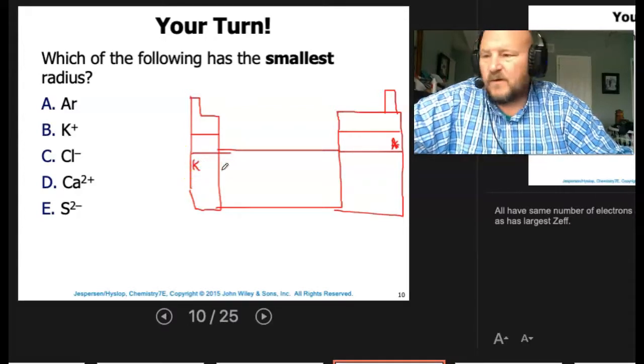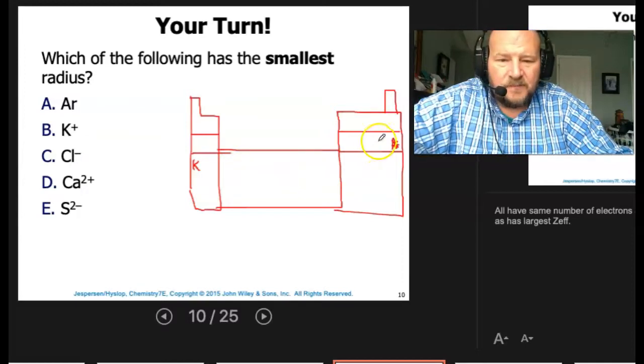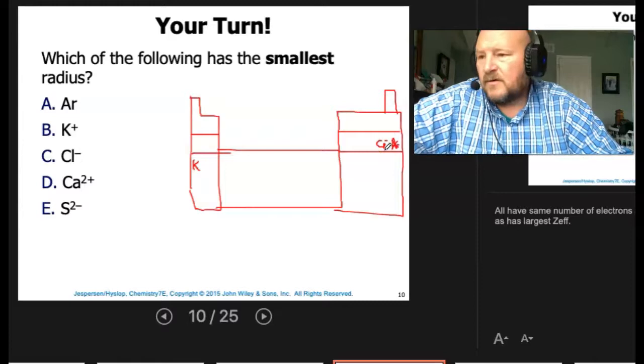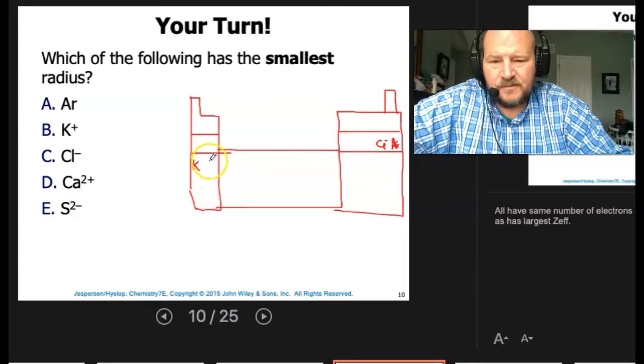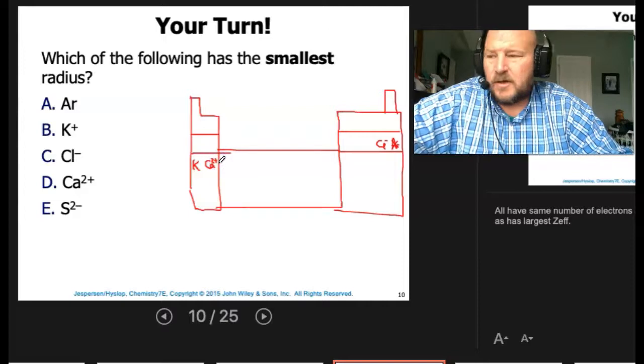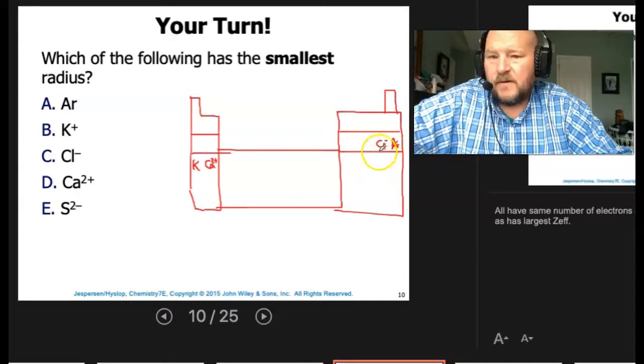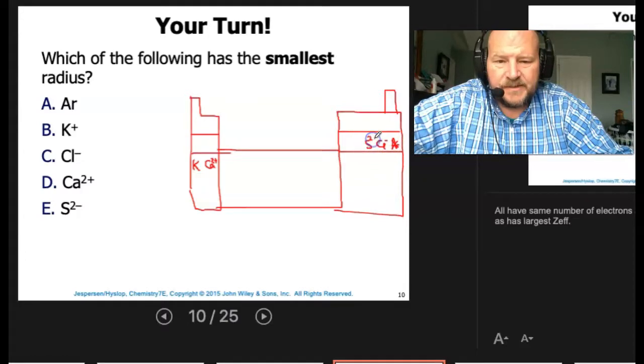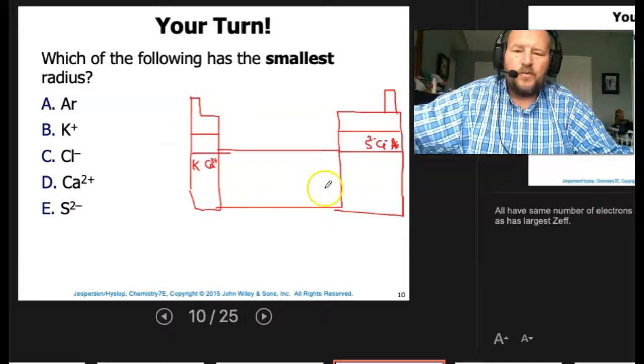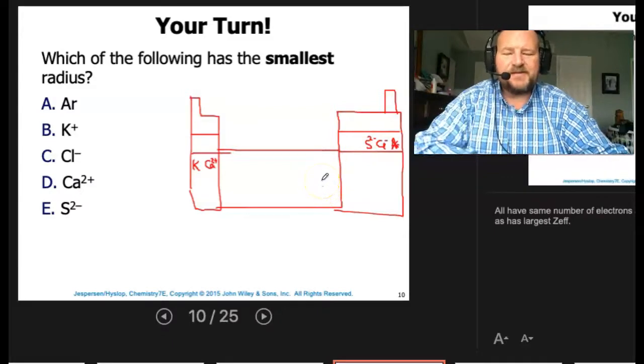Then we have chloride minus, so chloride minus would be here. Okay, then we have calcium 2 plus. And then last but not least, we have sulfur 2 minus. All right, we want to know which one is the smallest.